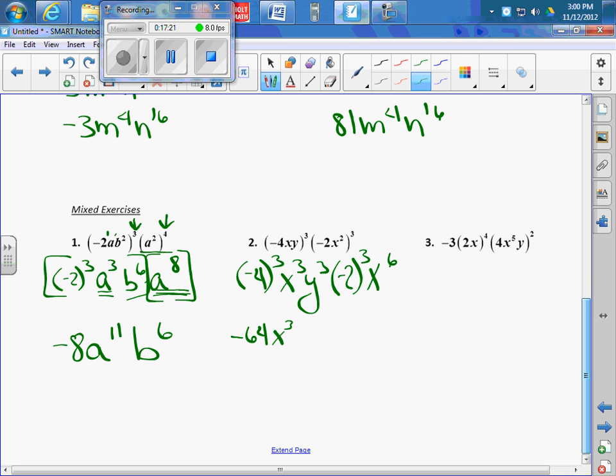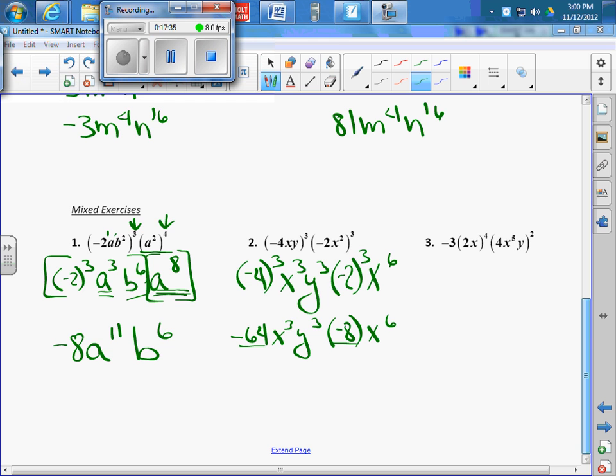X to the third, y to the third. I have negative 2 to the third power. That's negative 8, x to the 6th. Multiply the coefficients. I have negative 64 times negative 8. A double negative makes it positive. 64 times 8, 512.